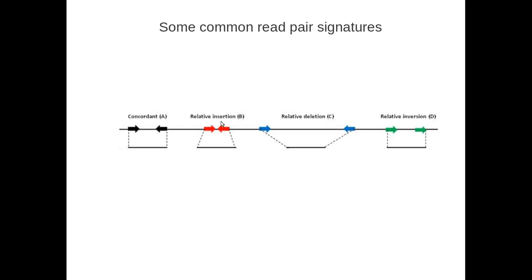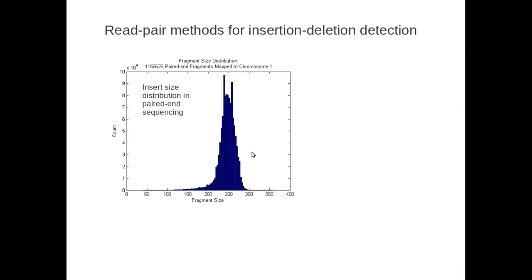However, if there is a deletion in the sample genome relative to the reference, then what you expect is that the reads will map further apart than the basic expectation based upon this distribution.